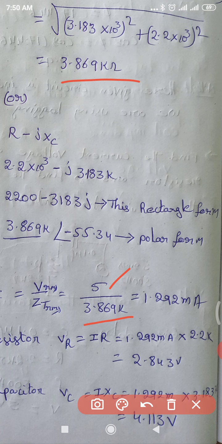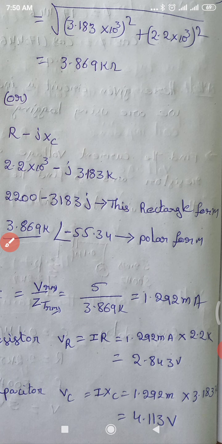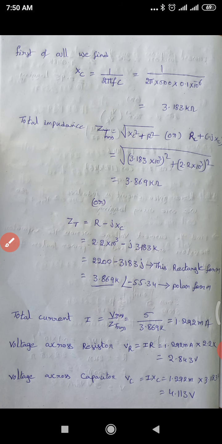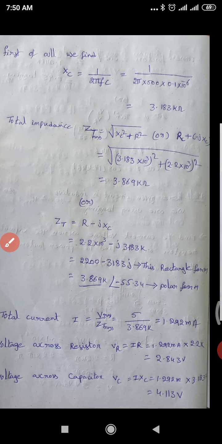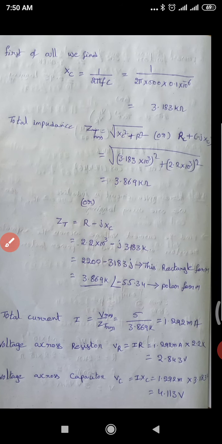If you substitute these values and calculate, we get 1.292 milliamperes.